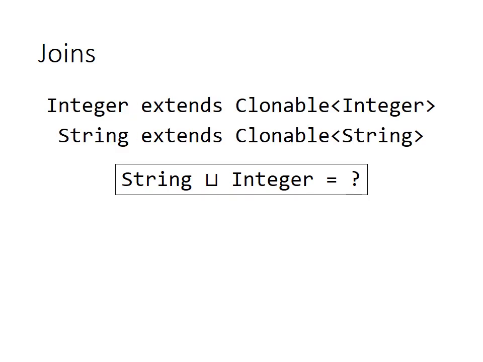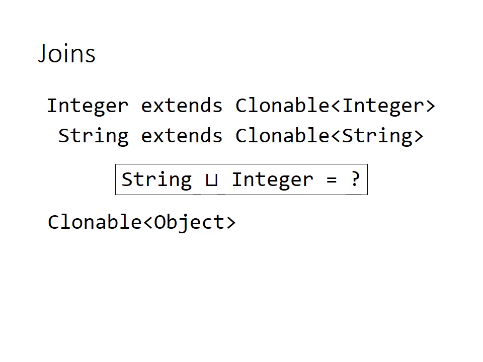Well, imagine that both string and integer extend only one type, namely Clonable of themselves, which means that their instances can create copies of themselves. Now Clonable is a covariant shape because you get instances of the type argument out of a cloning operation. This means that integer and string are both subtypes of Clonable of Object.